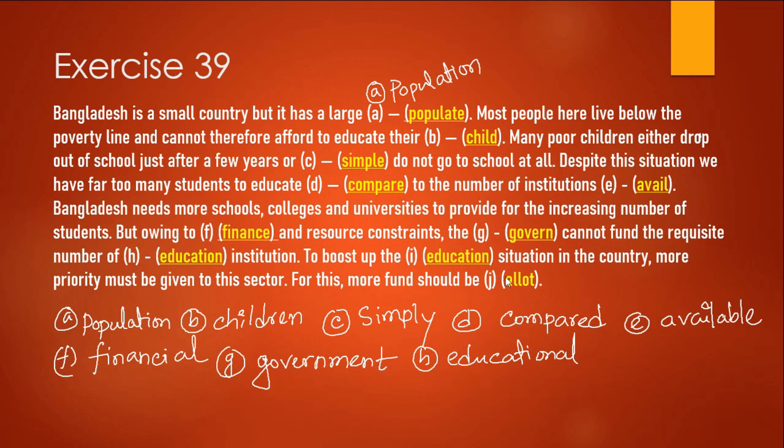So it should be educational situation. Adjective. Okay. Educational situation in the country. More priority must be given to the sectors. For this, more funds should be allotted.